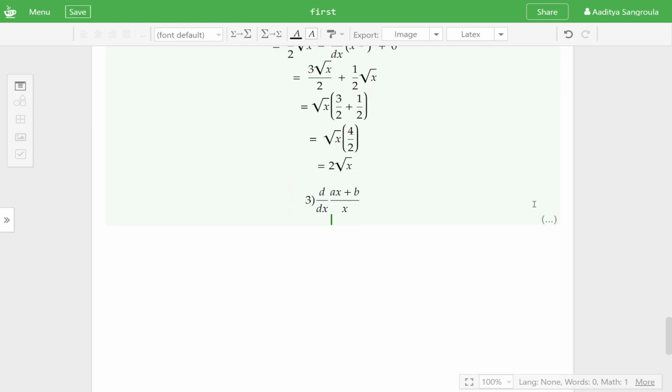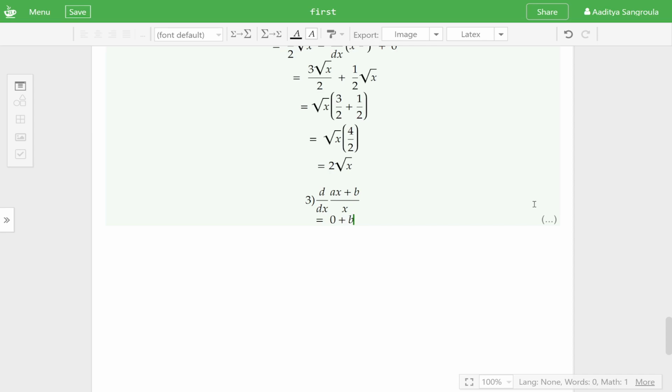So how do we do this? Well, this is going to be the derivative of ax over x plus b over x. Now ax over x is just a, and the derivative of a, which is a constant, is 0, plus the derivative of b over x.